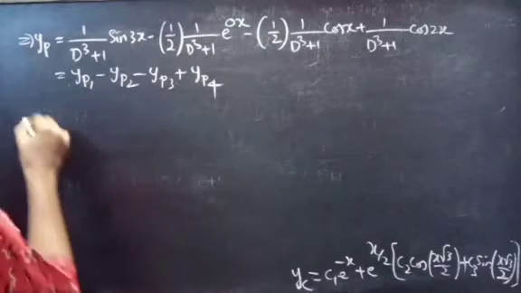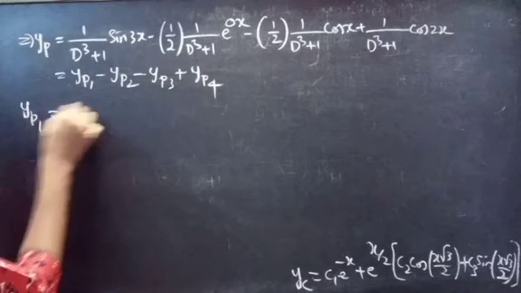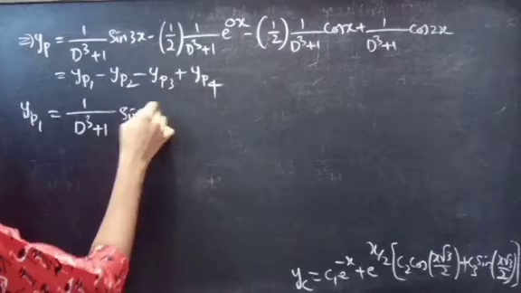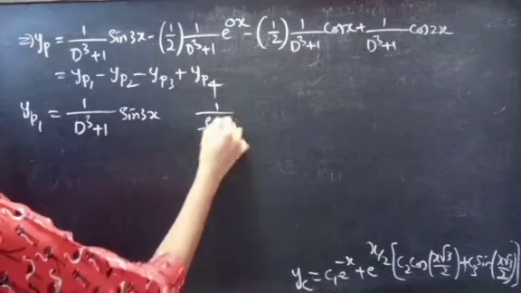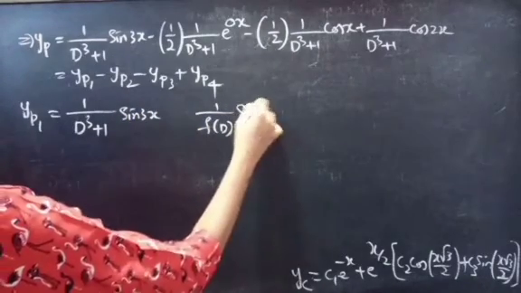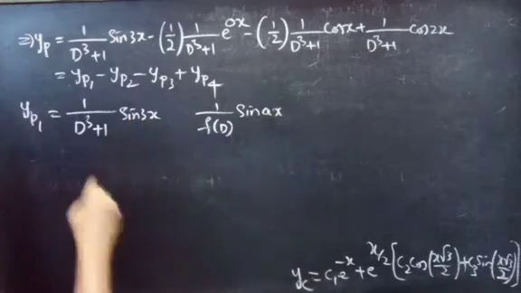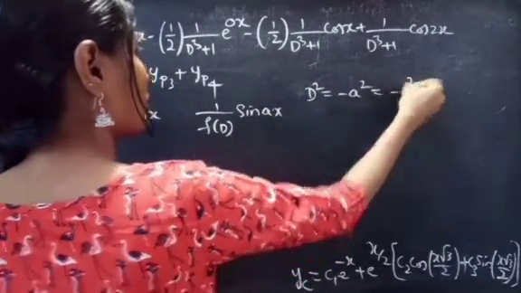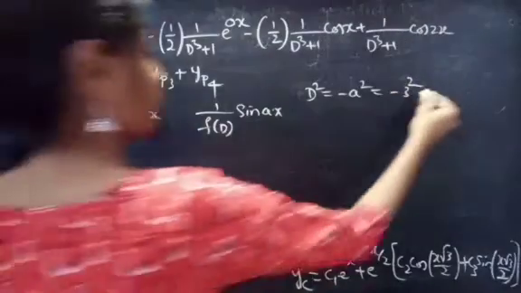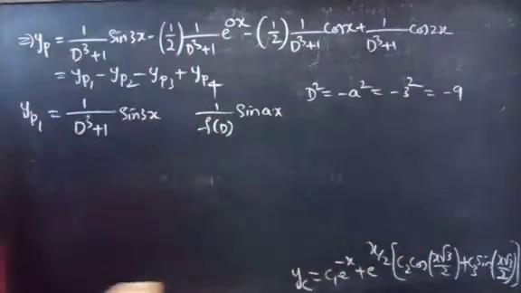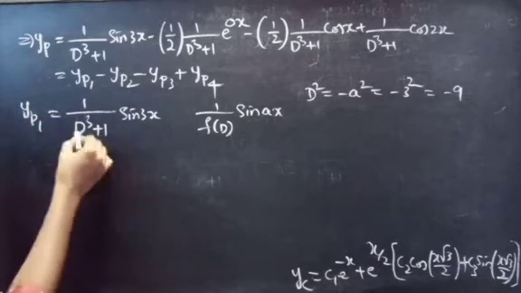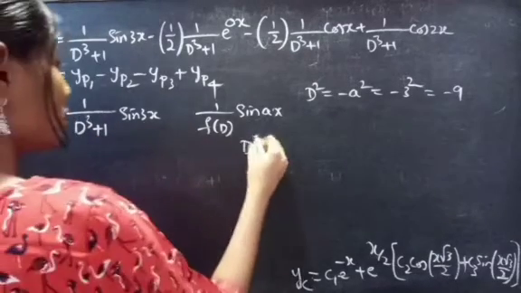So firstly we'll find yp1, 1 by f of D into sine 3x. This is of the 1 by f of D into sine ax form. Then for a equals 3, we'll find D square, which is given by minus a square equals minus 3 square equals minus 9. See, the denominator must be non-zero. Now take the denominator.